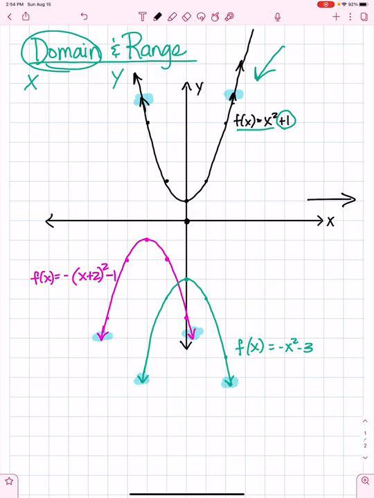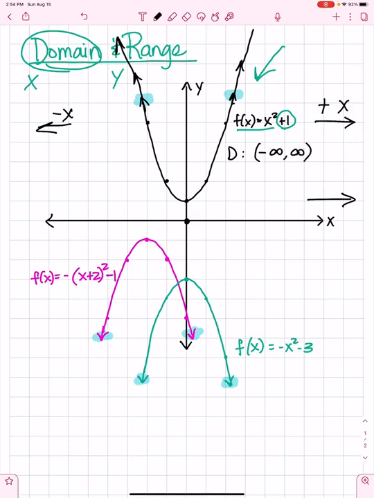I don't have room to show you what that looks like. It's going to do the same thing to the left. So eventually, all of the positive x values in this direction are going to be covered by this graph, and all of the negative values are going to be covered as it increases up and to the left in this direction. So for the domain of this graph, it includes negative infinity all the way to positive infinity.